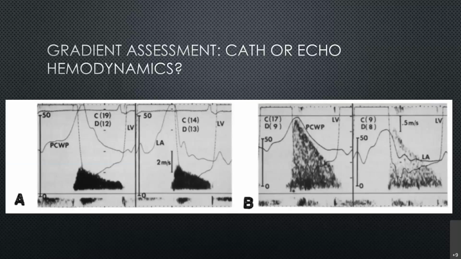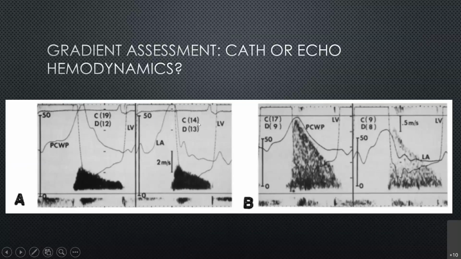And this is a good example because, okay, here. So over here, you see this is the pulmonary capillary wedge pressure, right? This is the tracing of the wedge pressure, and this is the tracing of the LV. So there was a discrepancy. If you see by cath, they were getting a gradient of 19, but by Doppler, they were getting a gradient of 12. There was a discrepancy. But when they did cath and Doppler with an LA catheter, they were comparable.